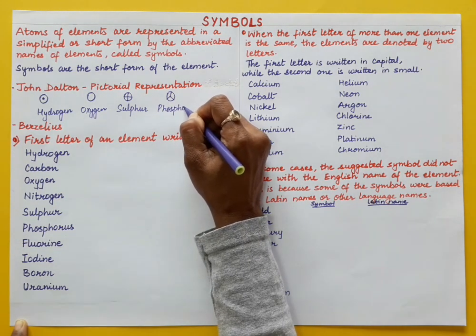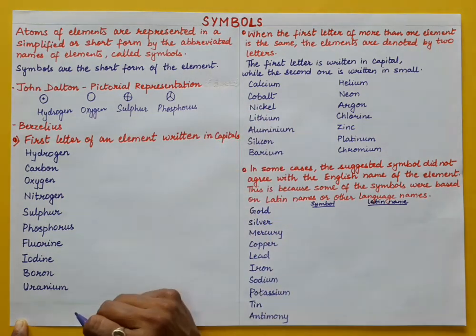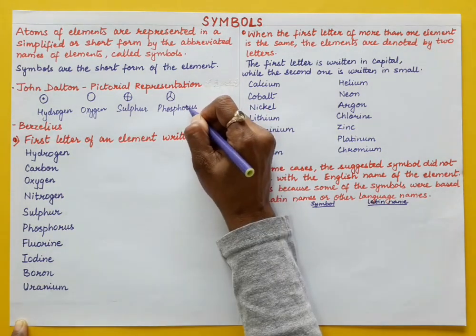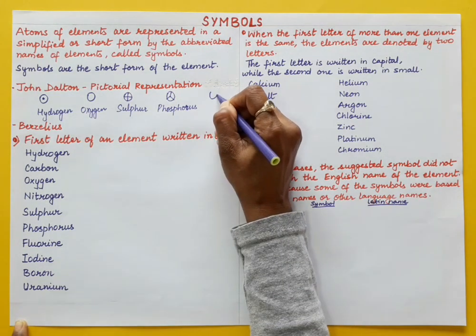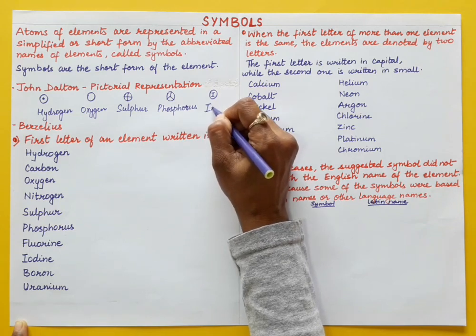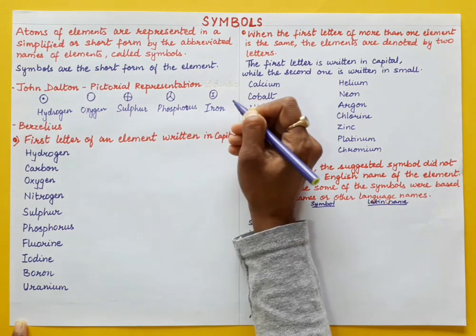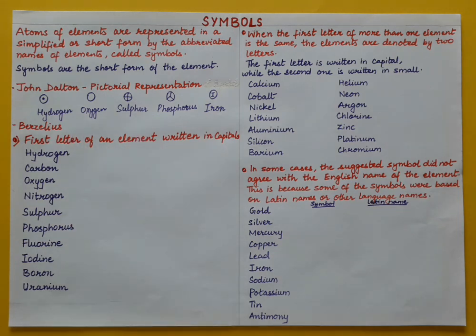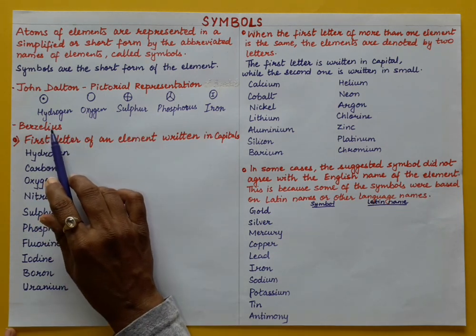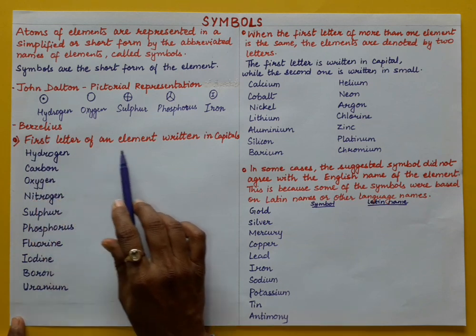Then so many elements started coming up, and they started thinking about how to represent the symbols. For iron, a circle with an I written in the center was used, and in this manner the pictorial representation of elements was done by John Dalton. Later on, Berzelius suggested three rules for writing the symbols.